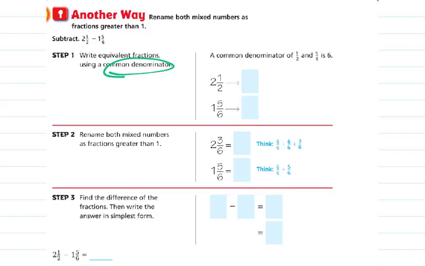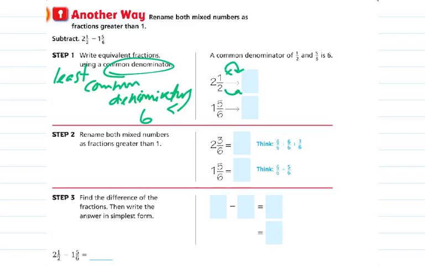Again, boys and girls, we want to make sure that we list our multiples, and we know from the previous problem that the least common denominator was 6, and we're going to use that to help us out when solving this problem. So we think to ourselves, well, if we multiply the top and the bottom by 6, we would get 2 and 6 twelfths.